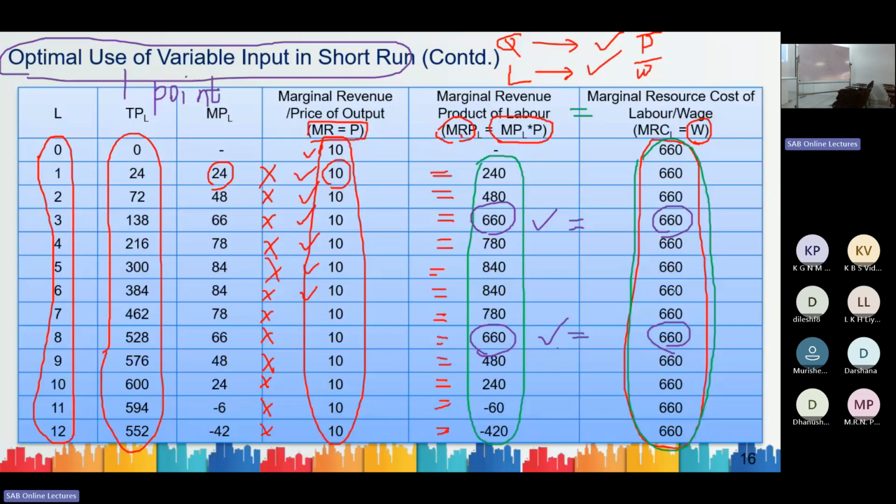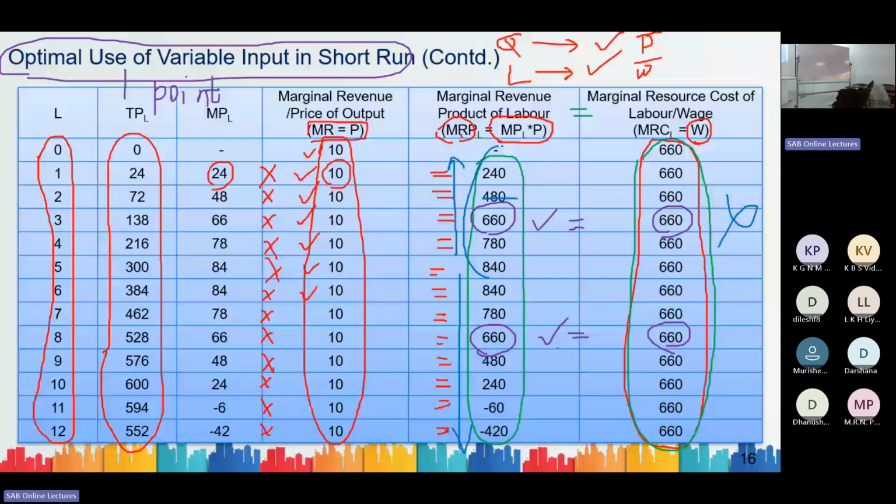Here you see marginal revenue product of labor is decreasing here. But here, it is increasing. So can we consider this as the optimum use of labor? No, this is not correct. Because marginal revenue product of labor is increasing over this range.